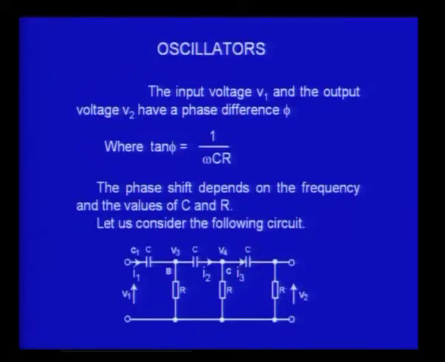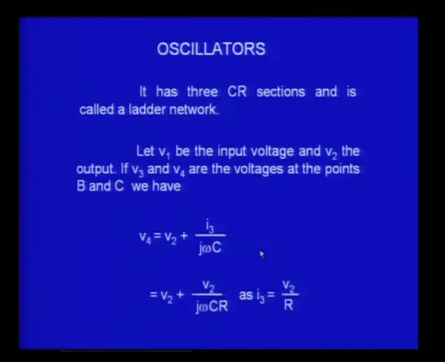The voltage across C is I3 into the reactance provided by C, which is 1 by j omega C. Therefore, V4 is equal to V2, the voltage across R, plus I3 by j omega C.